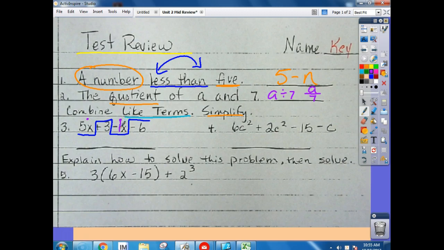So I'm going to go ahead and connect that all the way there. That's a negative 1x that I'm going to combine with this positive 5x. So a 5x and a negative 1x, that's a 4x. And you can either look at that as 5 plus negative 1 or 5 minus 1. That will get us to a 4x there.